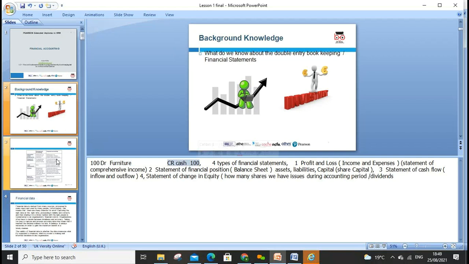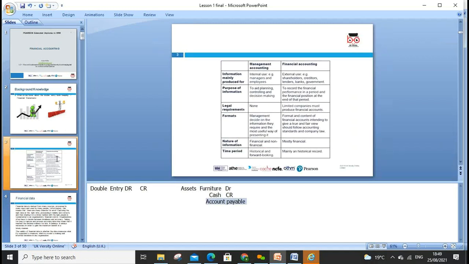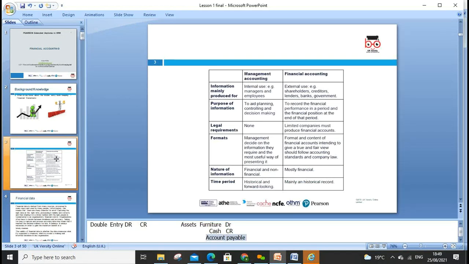These transactions we record in the trial balance, which we can look at today, and I'll give you handouts to go through the double entry bookkeeping. Like the example we quoted here, if we have not paid the cash, then it will be payable. It means in future we will pay, and that will be our accounts payable.